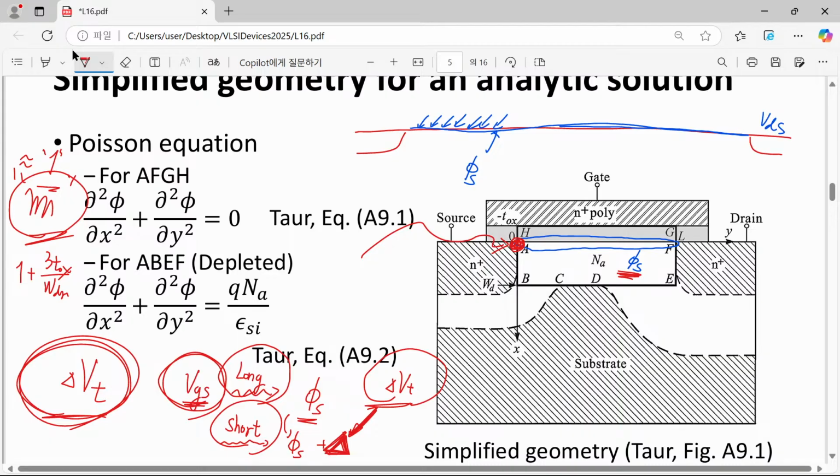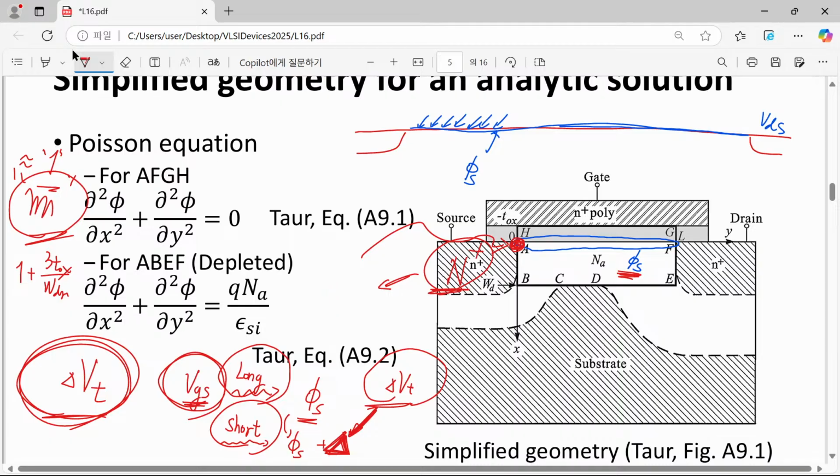This point is attached to our n plus source, and when this highly doped n plus source is placed, more or less the potential is given as the value determined by our doping density.